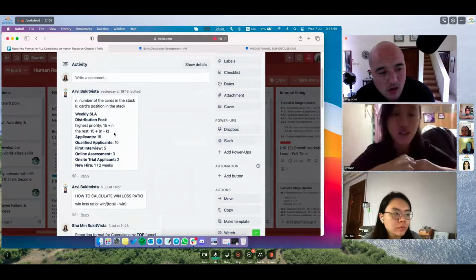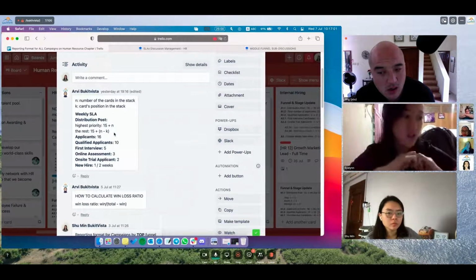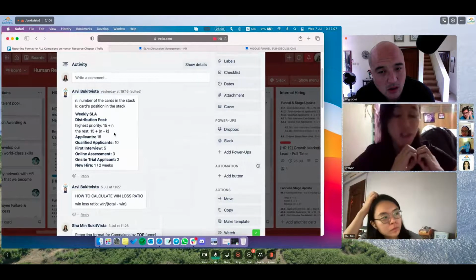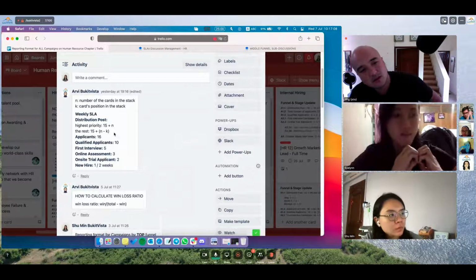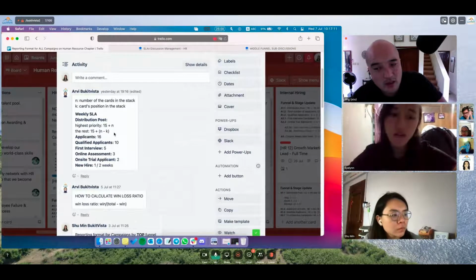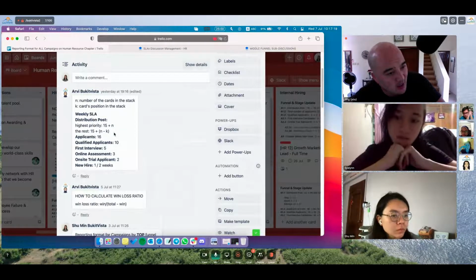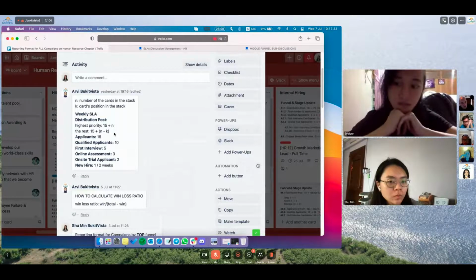Some of them are exceeding 20 plus. So we were thinking of taking the mean or the median from there. I think we can start from 15. Okay, and why would we set the number of distributions to be correlated to the number of cards in the stack? Why do we do 15 plus N?